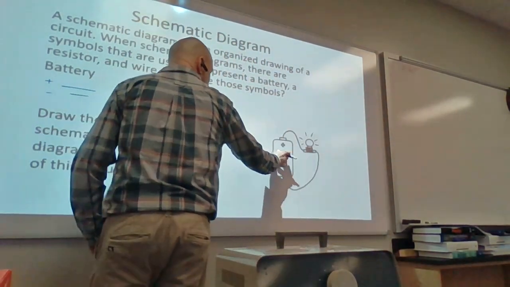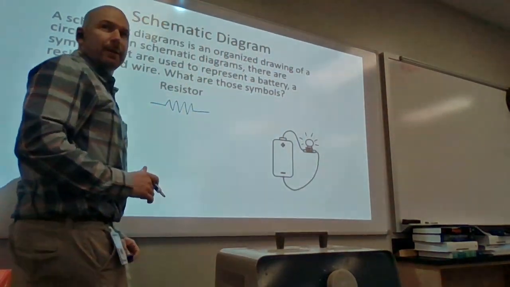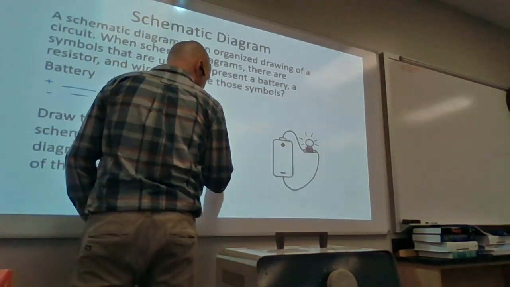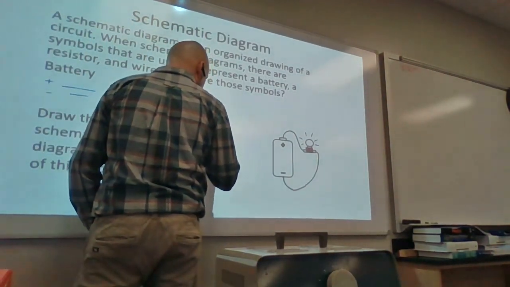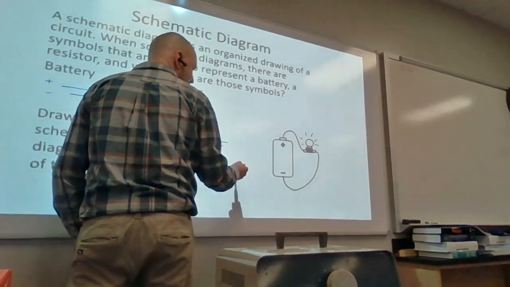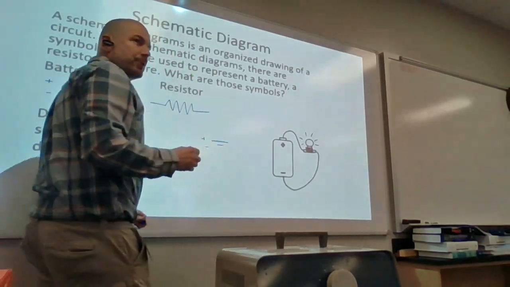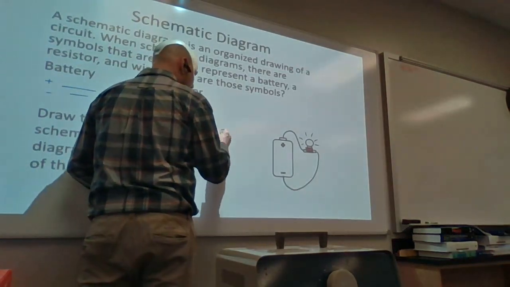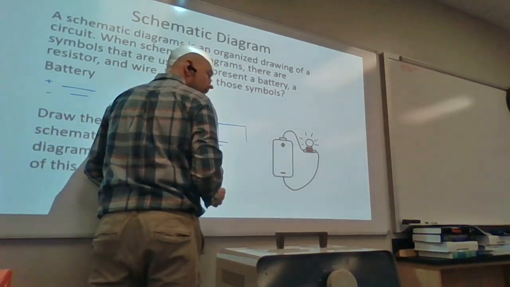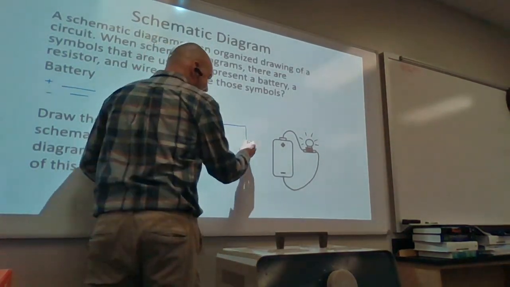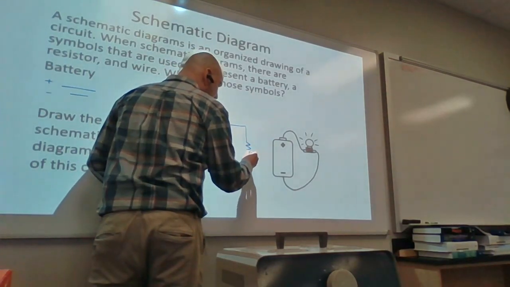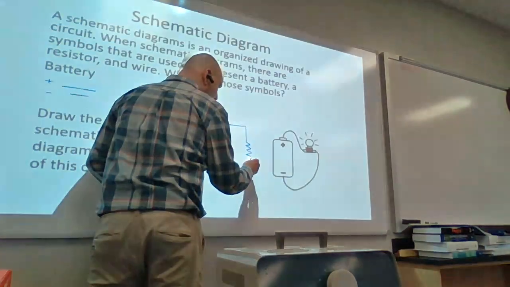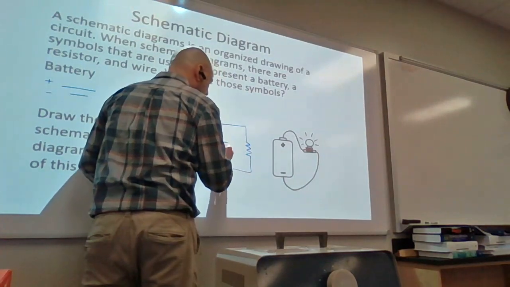So if we were to draw the schematic diagram of this circuit here, start with a battery. So this positive, negative, positive, negative. To draw wires, it's just usually lines drawn at right angles. So this is a wire, wire, wire. Light bulb is our resistor. Wire, wire, wire.